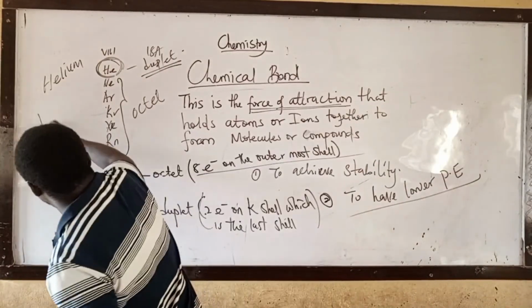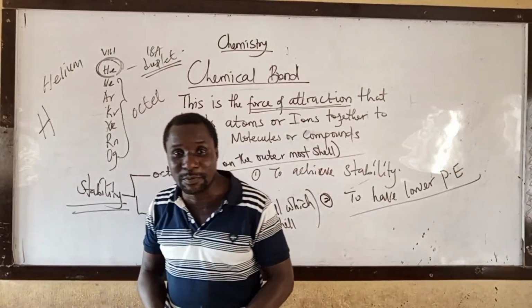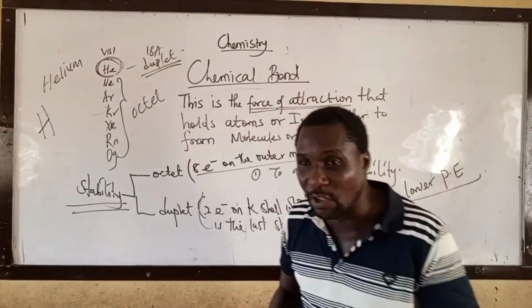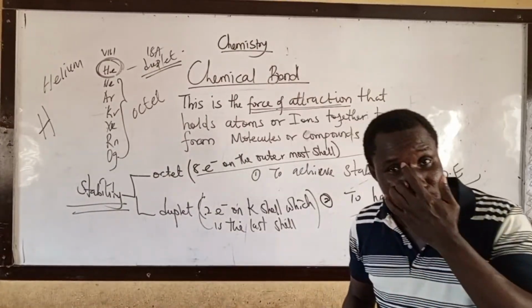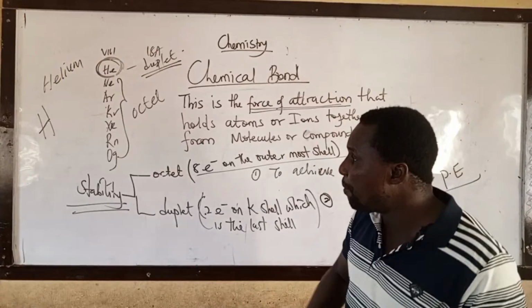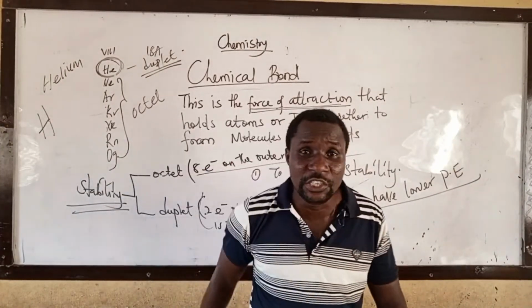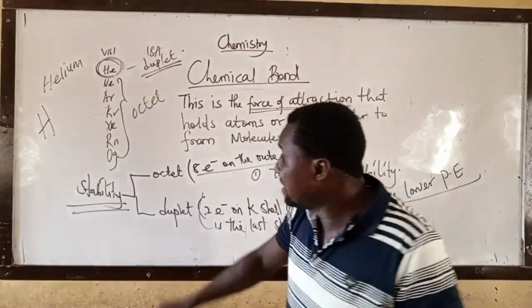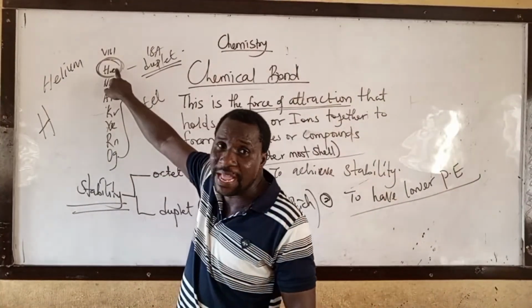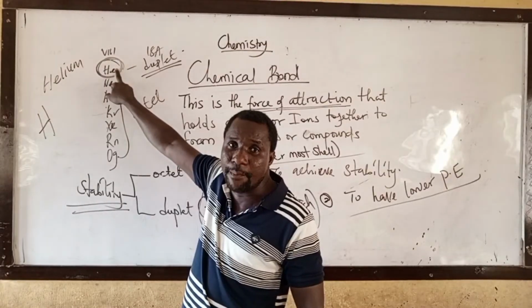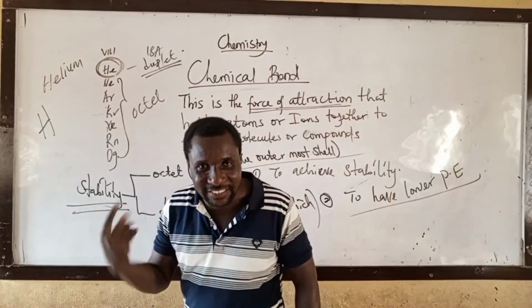Then all other elements, apart from hydrogen. Take note of this statement I want to give you also. Apart from hydrogen, hydrogen is the only element that can also form a duplet when it undergoes chemical bonding. Write it down, class.